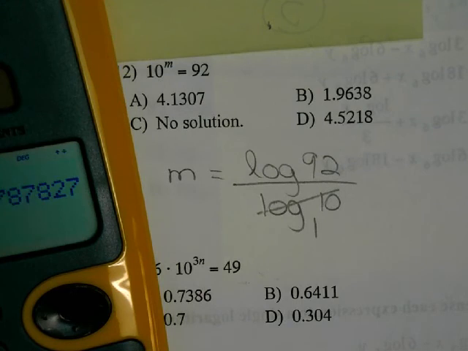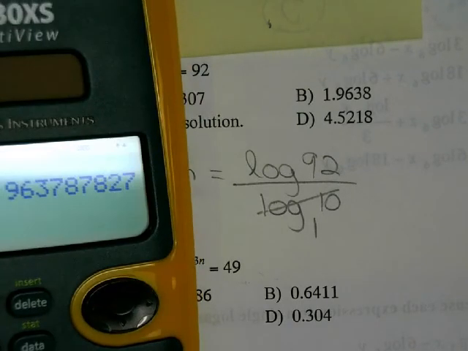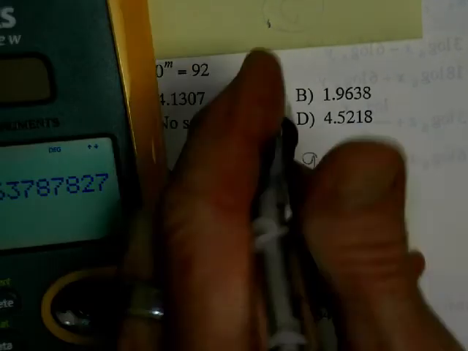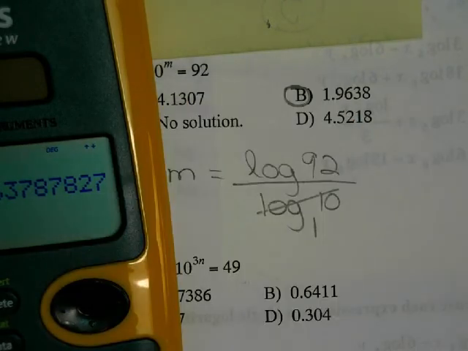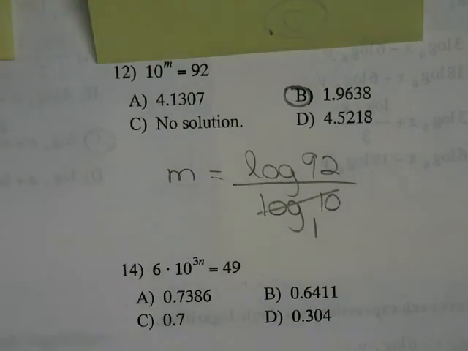I'm going to write that, so if you do want to skip that step, you can just put in the log of 92. End up with 1.9638. Go math. And check your work if you want to. Any comments about that shortcut? You like it? Is it okay? Is it too much? You're skipping too many steps, Fisher?